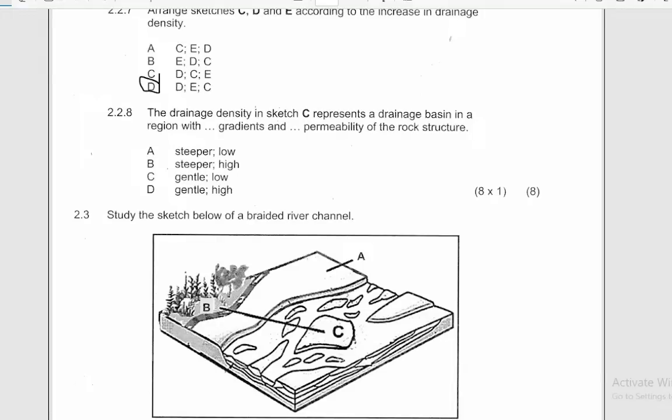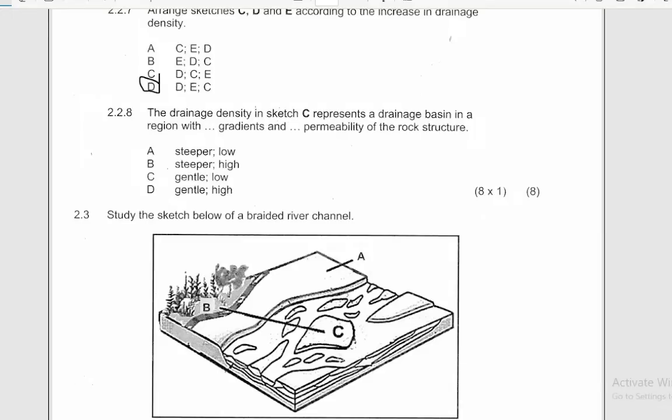So how do we experience more surface runoff in terms of gradient of the landscape? The area must be steep so that the raindrops cannot have time to filter into the groundwater storage, but rather they flow over the surface and create more streams. That is with the steepness. So it's the opposite. Where there's flat land or where the land is gentle, we have low density. Where we have steeper gradients, we have more density.